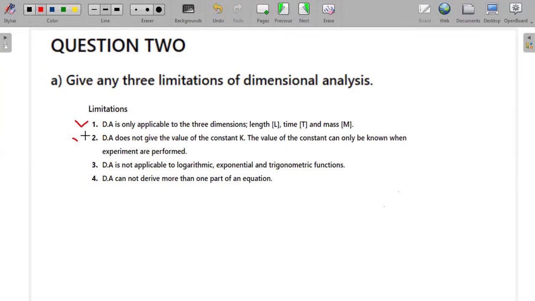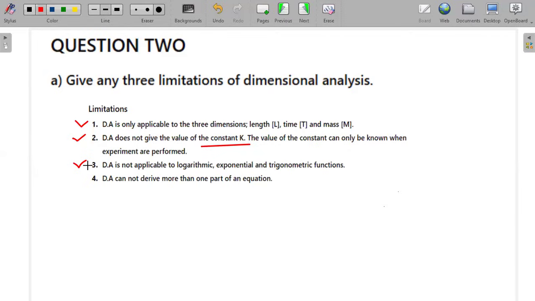The second one is that dimensional analysis does not give the value of the constant. The value of the constant can only be known when experiments are performed. I'll explain it more later on, but just know that now. And then 3, they're saying dimensional analysis is not applicable to logarithmic, exponential, and trigonometric functions.